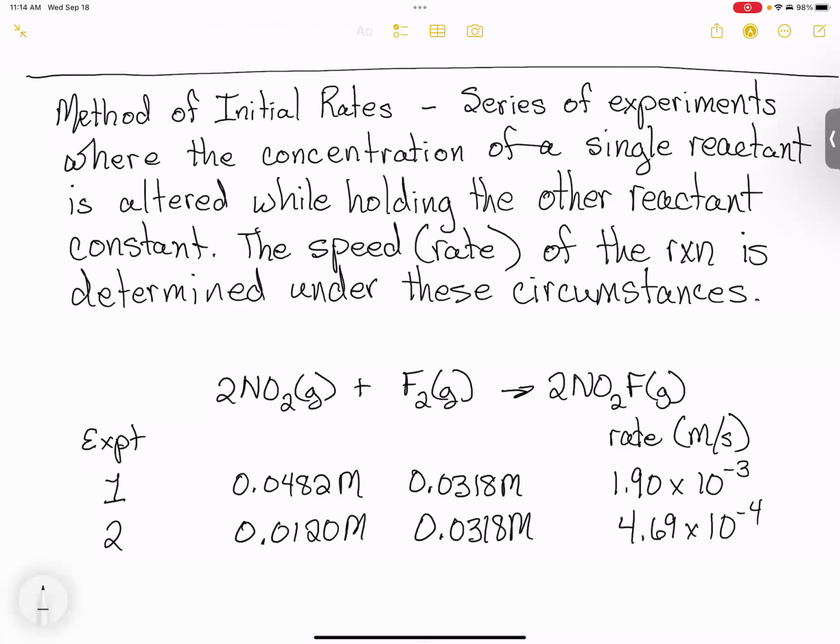So literally I have 0.120 molar NO2. I have 0.0318 molar F2. I dump them together and I determine the rate. That's why it's called an initial rate, is what happens when they're first combined.